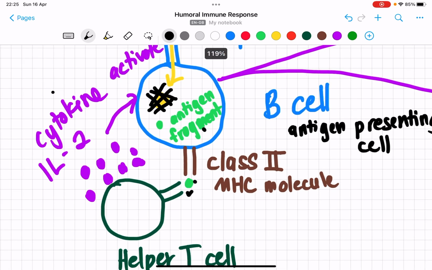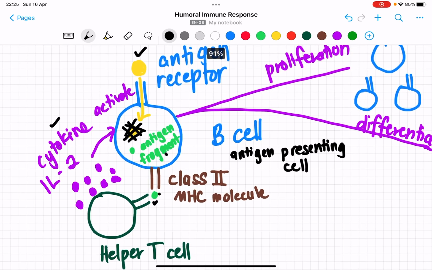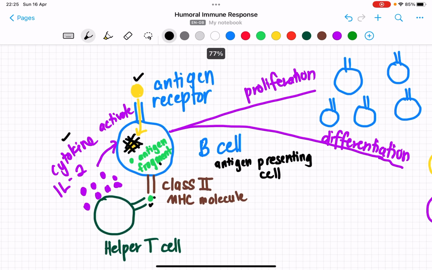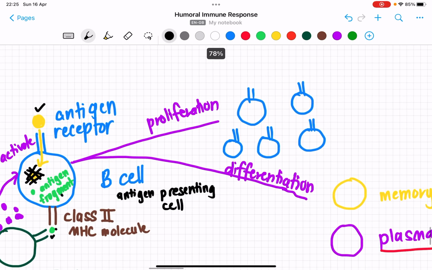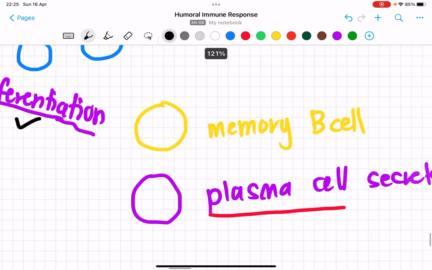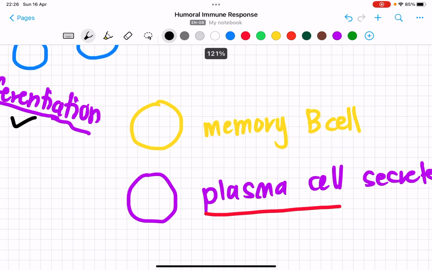Helper T cell secretes cytokine interleukin 2 to activate the B cell to proliferate to produce many B cells and also to differentiate in order to produce memory B cell and also plasma cell.